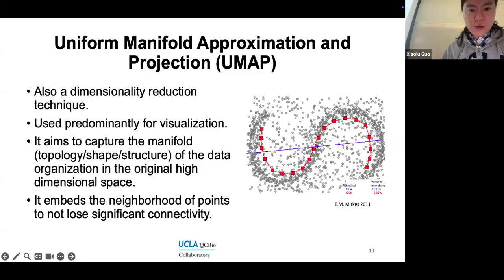This red curve will be one axis in the UMAP, and it best captures the topology and also most of the data variance. However, if you do PCA, as we know PCA is only a linear transformation, so you will find another axis, which is the blue line. That blue line keeps the distance, but it does not capture as much variance as in the UMAP.